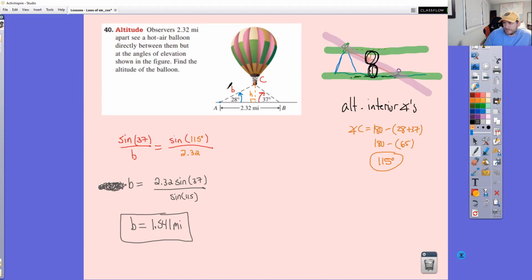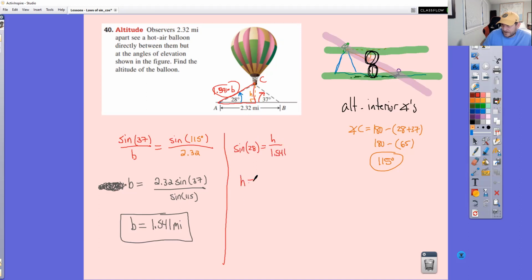But again, that's not the end of the problem, because what we actually wanted was the altitude of the balloon, or the height. So since we now know B, now we can use our right triangle tricks. That's B, 1.541. Focusing on this right triangle that the altitude forms, we know that the sine of the 28-degree angle will equal the height divided by the hypotenuse, the 1.541.